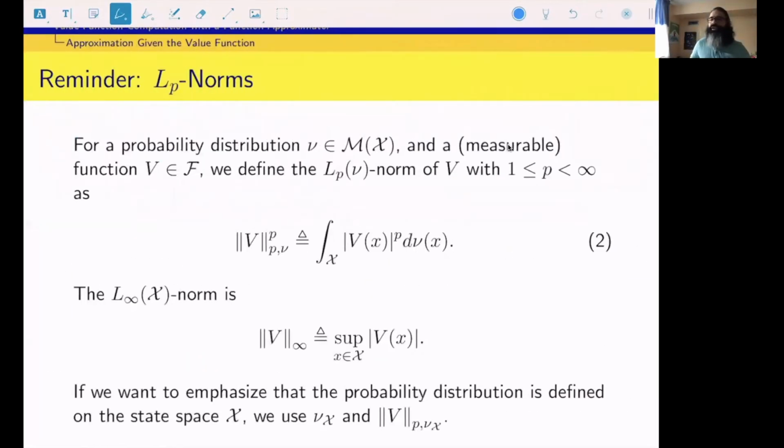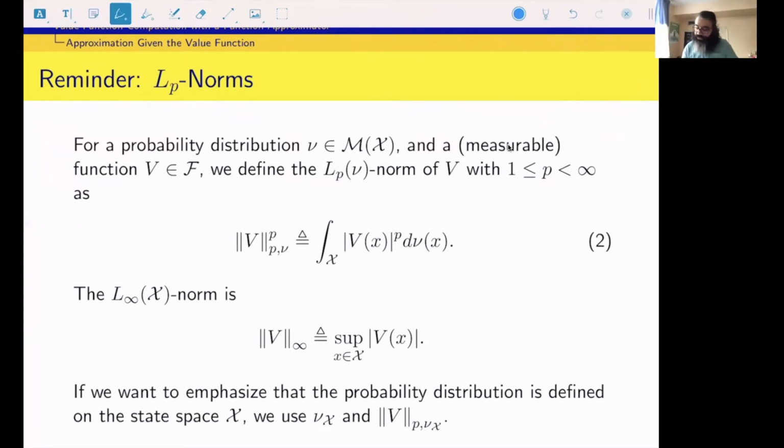So let's have a reminder of some notation that I'm going to use on norms, L^p norms. These are similar to the usual L^p norms, the norms of vectors that you have seen. We can just define them also for functions. So how do we define them?